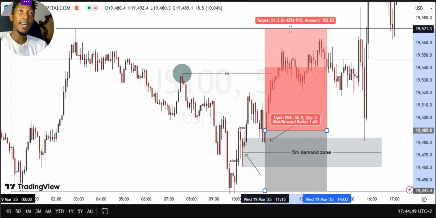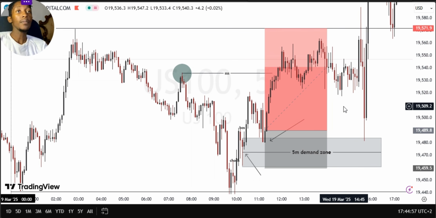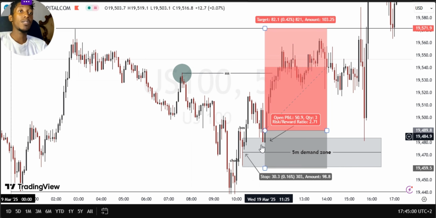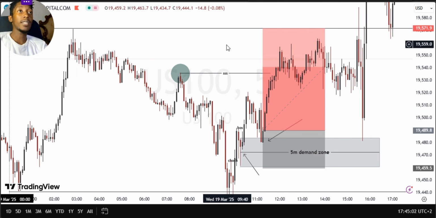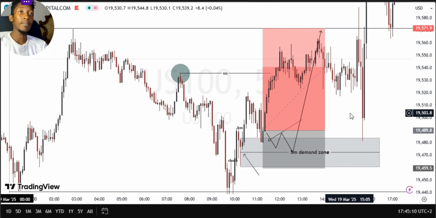My CRH as my overall TP, and for stop loss, I just put my stop loss here, below the demand zone, so that if the market is still playing around this zone, I'm still safe.